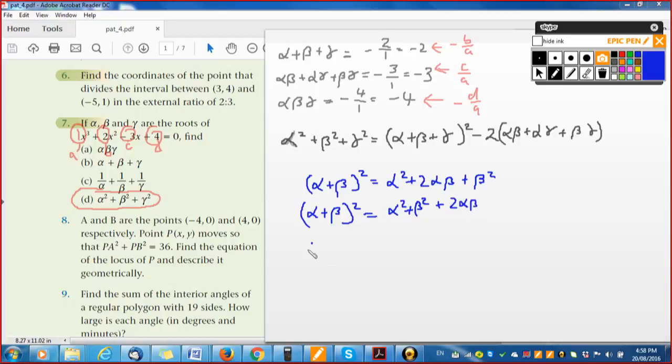So alpha squared plus beta squared is going to be alpha plus beta all squared minus 2 alpha beta. Got that? If you extend that to 3, it's going to be the same thing. So it's just going to be that. I'm just going to get rid of this because now you know basically where it comes from.